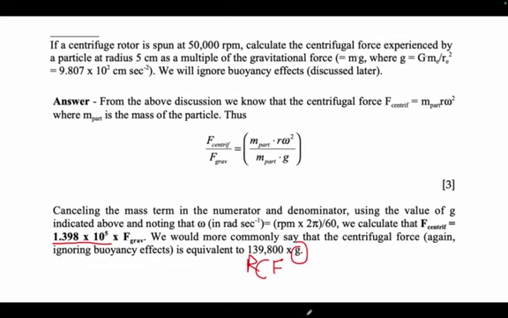It is 1,40,000 times the effect of gravity, and that is a value which is called relative centrifugal force, or RCF. And this is a very important value to know because RCF is the same value irrespective of which rotor you are using.